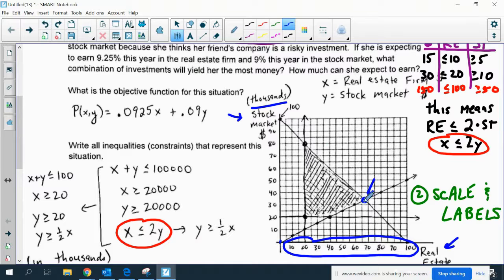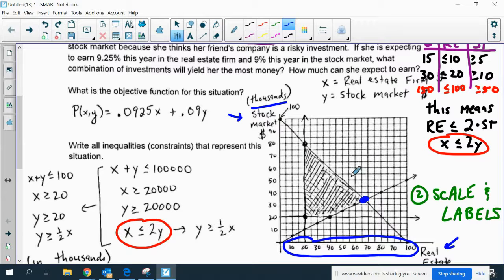They would take this point and see it's somewhere between 65 and 70, somewhere between 30 and 40, and they would guess that it's 67 and a half, 32 and a half, or something equivalent for this line up here. And guessing is not a good method for finding the intersection points.